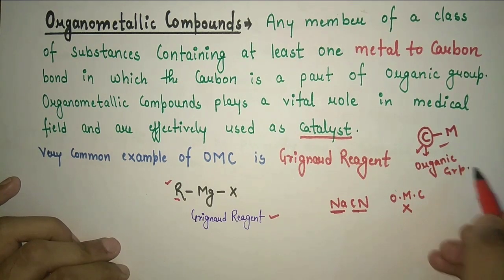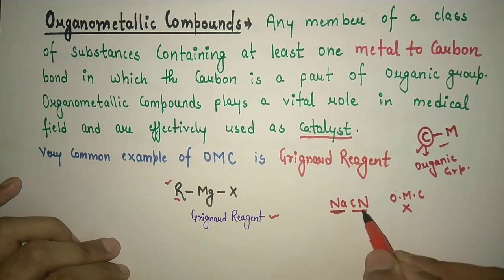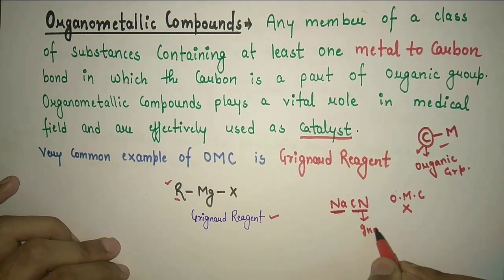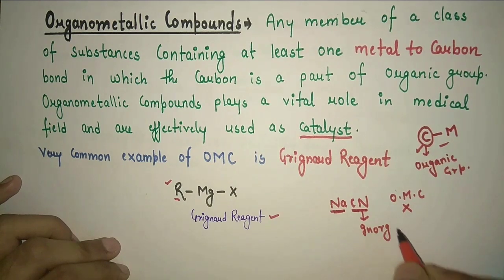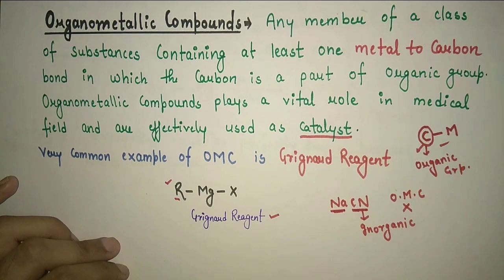Here the metal atom is bonded to the cyanide group, which is not organic, it is inorganic. That's why NaCN is not an organometallic compound.